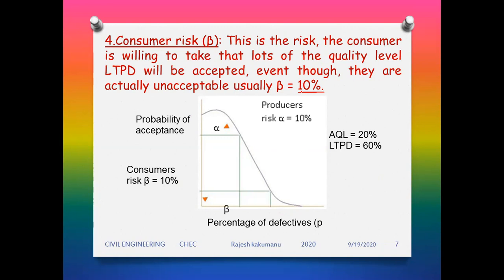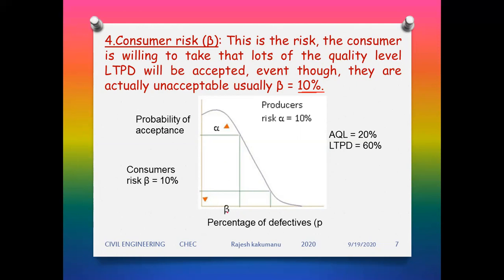The consumer's risk is when the quality level is actually unacceptable, at a percentage of 10%. You see the graph of this one.